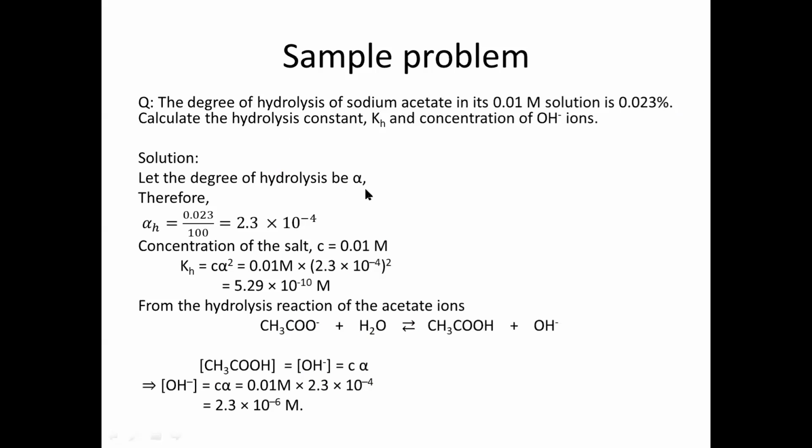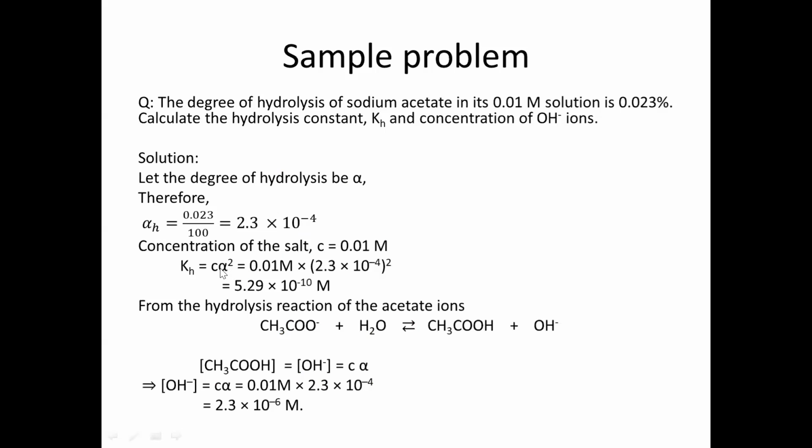So we can calculate alpha in terms of its unitless value by finding the percentage, that is 0.023 divided by 100. So alpha is equal to 2.3 into 10 raised to the power minus 4. The concentration of the salt is given as 0.01 molar, and using the expression that KH is equal to C into alpha square.